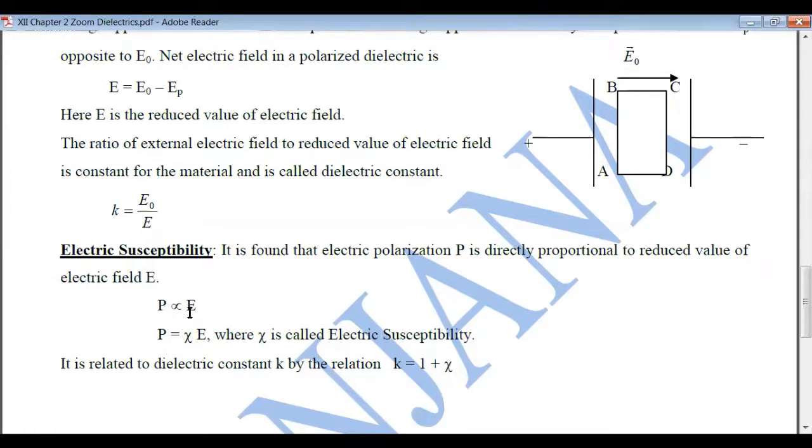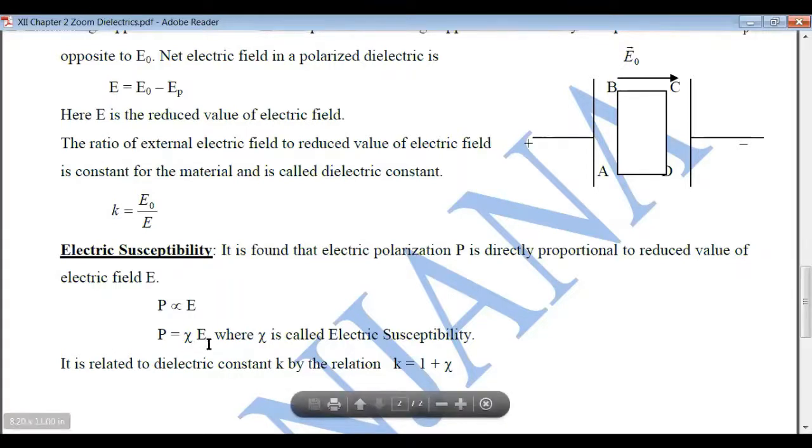Now, the electric polarization is directly proportional to this reduced value, so when we equate it, a constant of proportionality comes, which is a Greek symbol, called chi. So the electric polarization is equal to chi into the reduced value of the electric field.